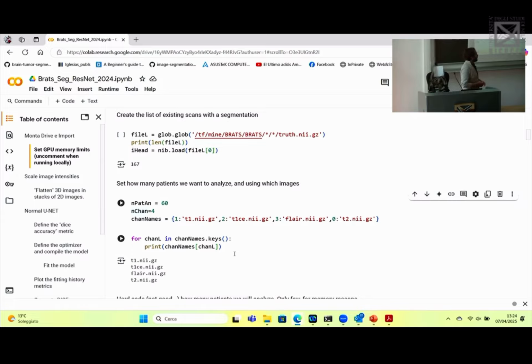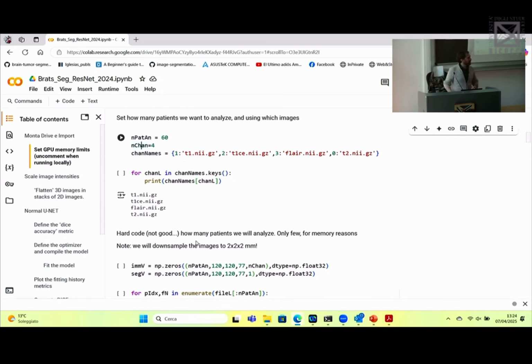The comparison between the FLAIR image and the T2 image allows us to see the so-called edema, which is the region full of water recruited from inflammation. The comparison between the T1 and the T1 with contrast image allows us to see the regions with contrast enhancement. So it's good to use all of them.